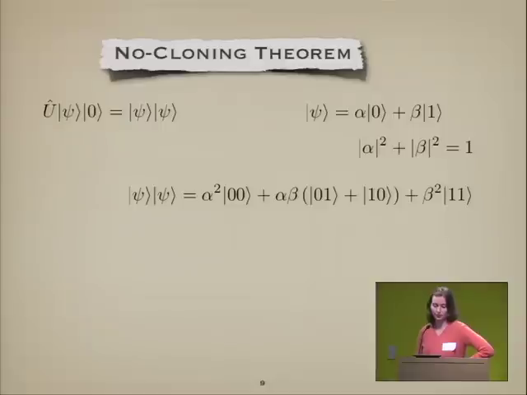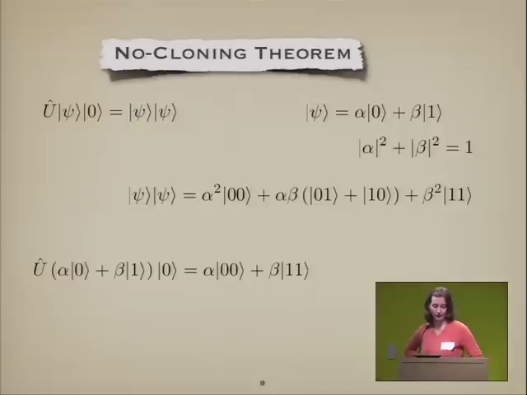But the mathematical formalism of quantum mechanics also allows me to feed it in step by step. I can feed in first the beta ket 1 part, which is copied to ket 1, 1, and then the alpha ket 0 part, which is copied to alpha ket 0, 0. That should be the same, but we can see clearly it's not the same. So our assumption that we can copy quantum information was actually wrong. That's called the no-cloning theorem. There is one special case where these two lines are the same, namely if either alpha or beta is 0. This roughly corresponds to classical information, so that's something you can copy.